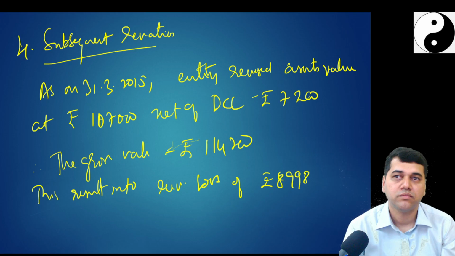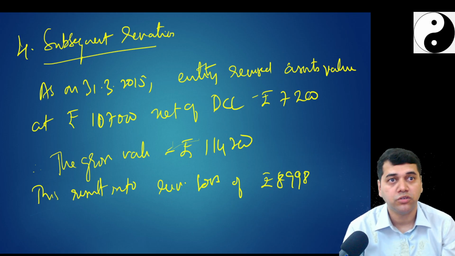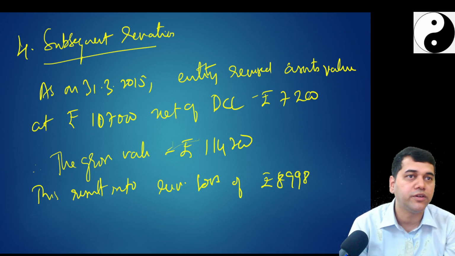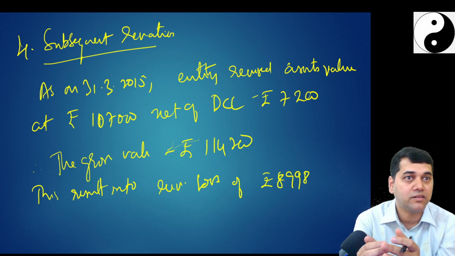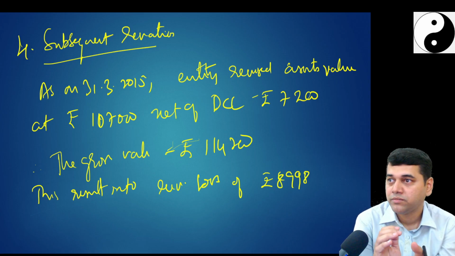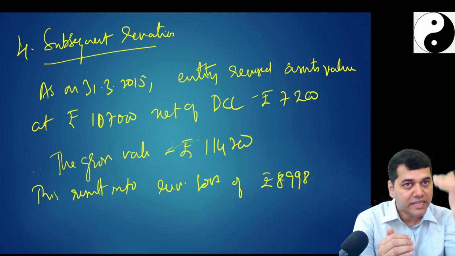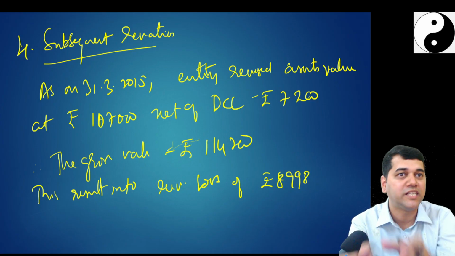Which incident happened first? Revaluation, no? If you look into your theory, we started to explain revaluation, then the gross approach, net approach. Then came the decrease in the liability. We passed that journal entry.